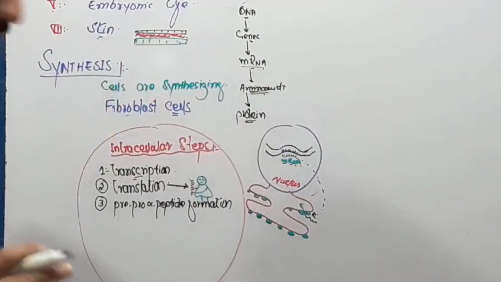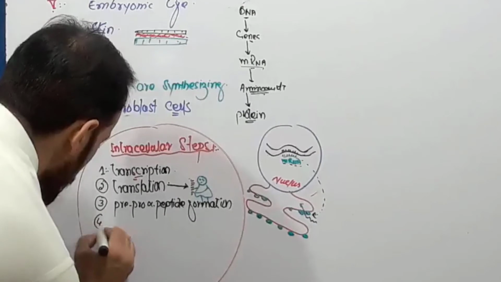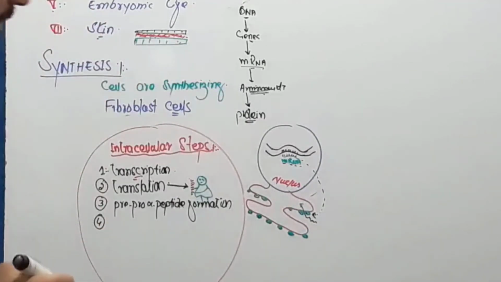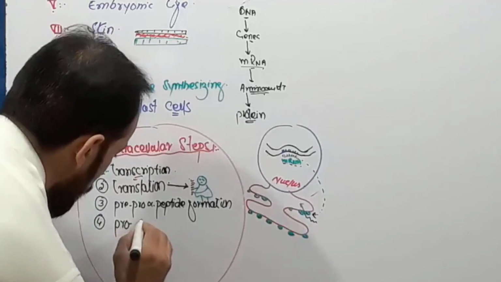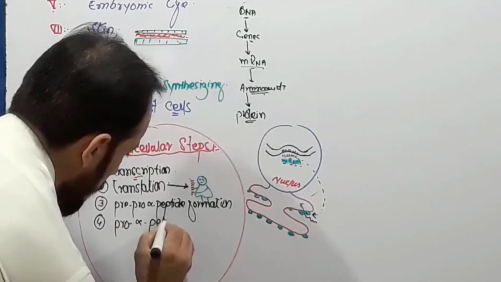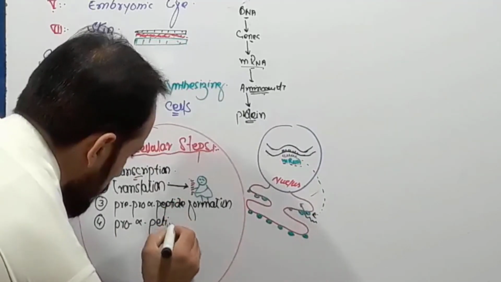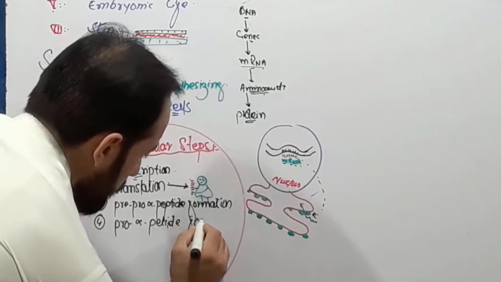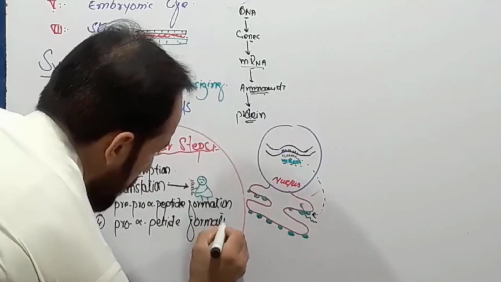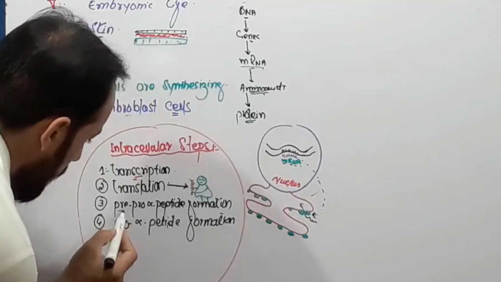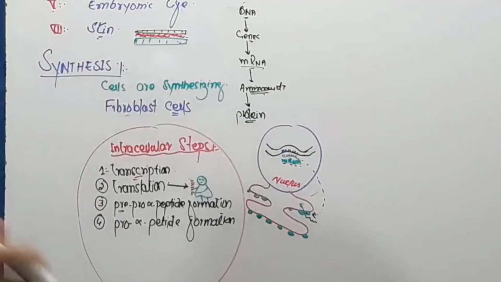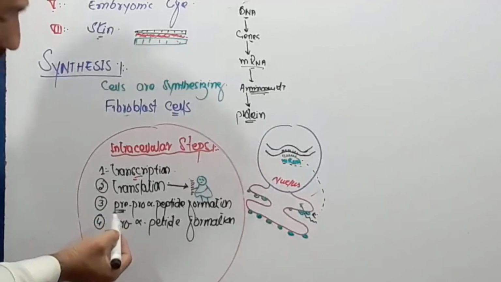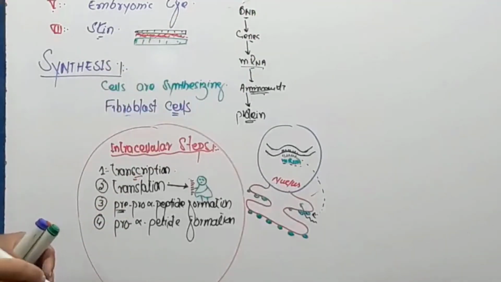I will show you there. Then the fourth step which occurs inside the cell is called the pro alpha peptide formation. So from pre-pro, the pre will be lost, the pro alpha peptide will remain, and what is this pre which is lost? I will tell you in the diagram, don't worry.